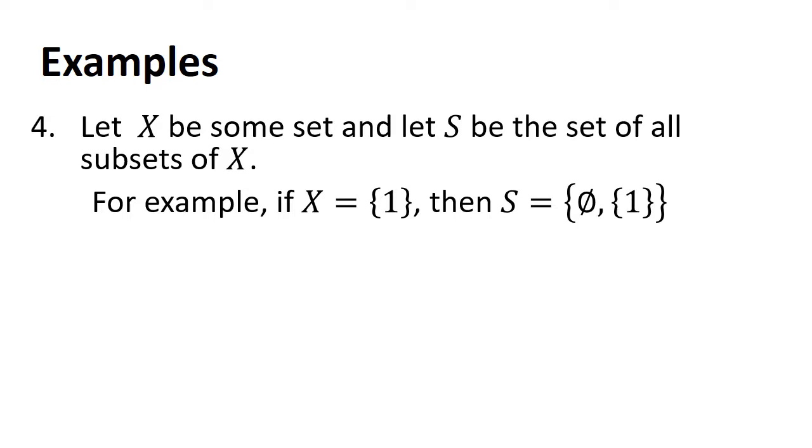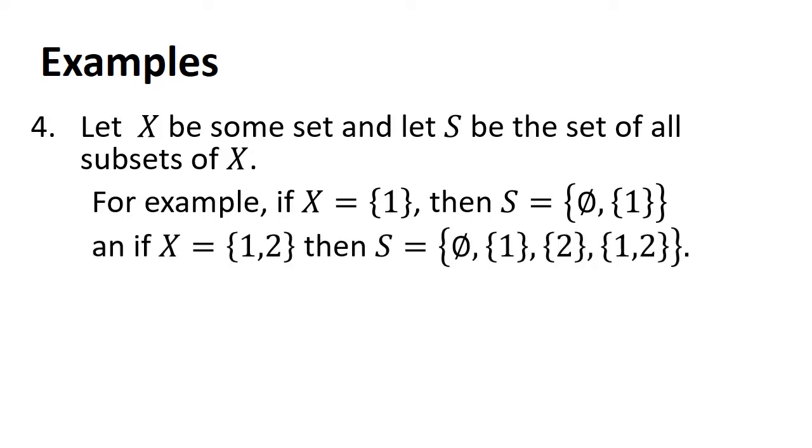And since S is the set of all subsets of X, S is equal to the null set and the set of 1. And if X equals the set of 1, 2, then S is the null set, the set of 1, the set of 2, and the set of 1, 2.